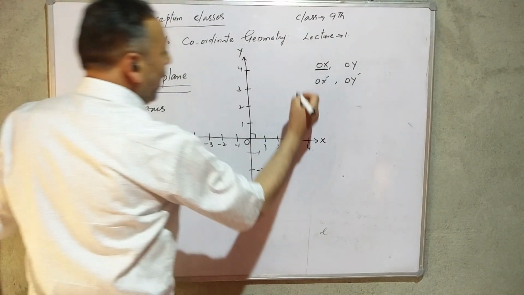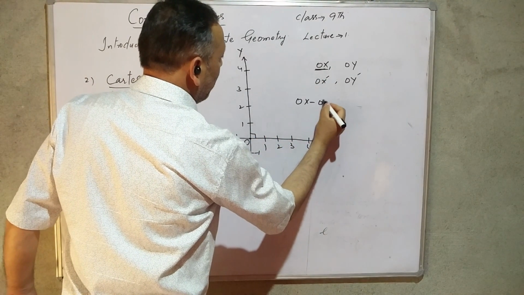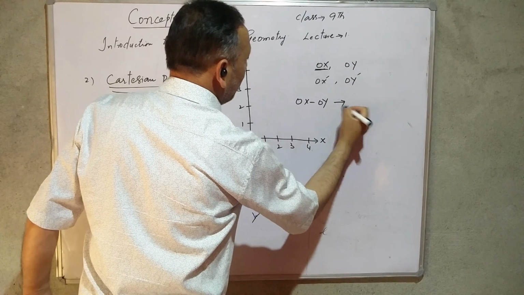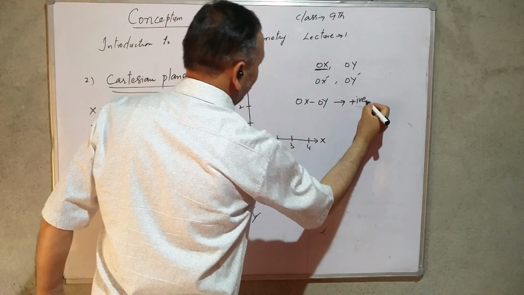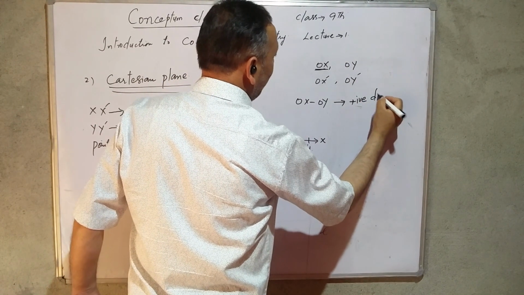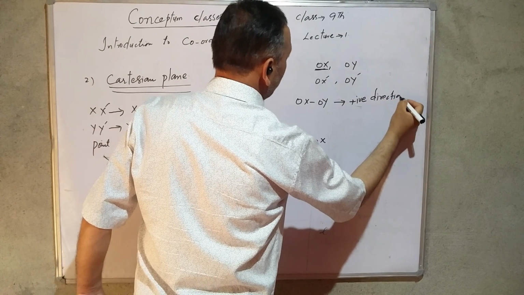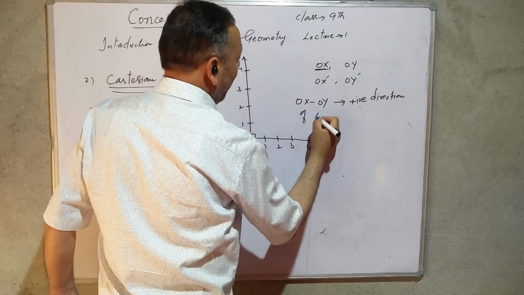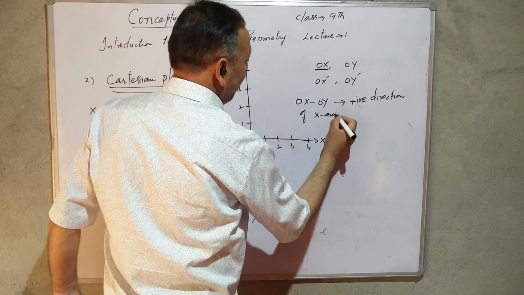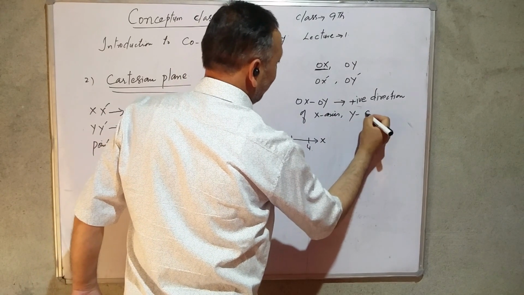Then OX and OY are called positive directions of the x-axis and y-axis.